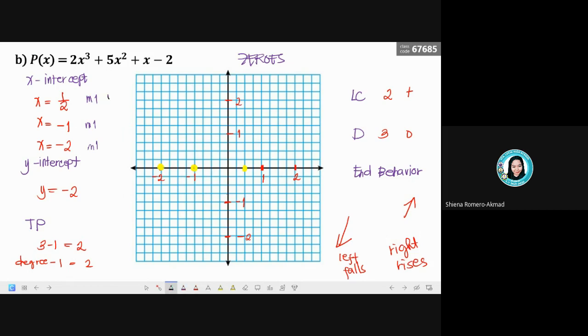So, cross, cross, and cross. So, dahil left falls, magko-cross siya dito mamaya. So, ang magiging itsura nito ay, okay, gawin na natin. Ay, hindi tayo nakadaan sa negative 2. Kailangan natin dumaan sa negative 2.